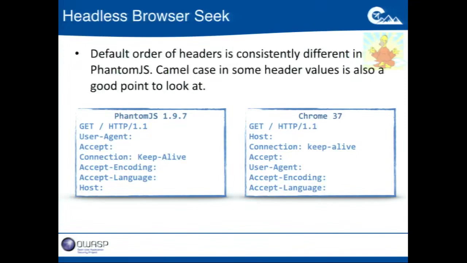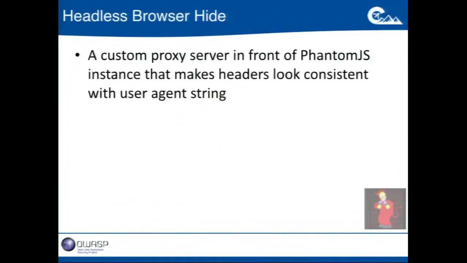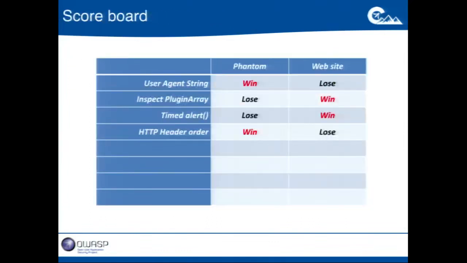But there is an easy spoof: you put a custom proxy in front of Phantom.js, and inside that proxy you can change the order of the headers. If you want to spoof Firefox, you change the headers to Firefox; if you want to spoof Chrome, you change them to Chrome. You can use that for the lowercase stuff as well. So this time, the result will be Phantom wins.